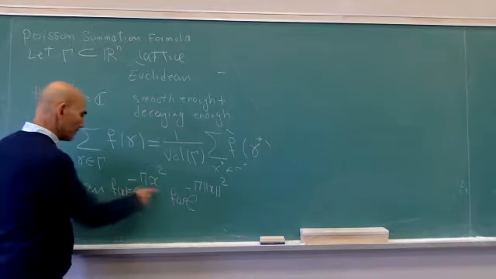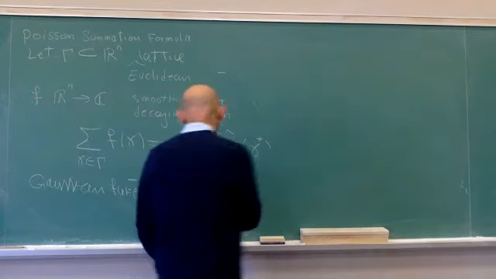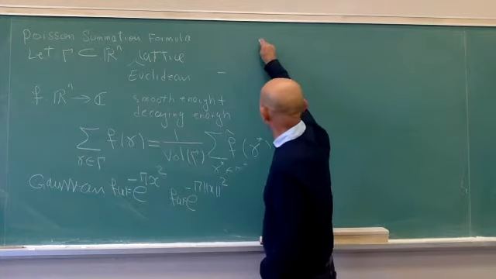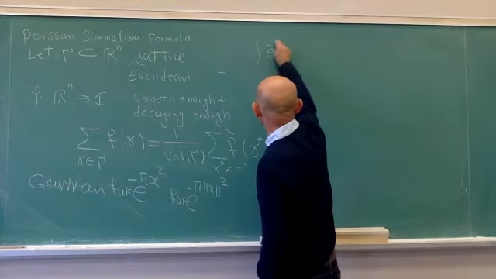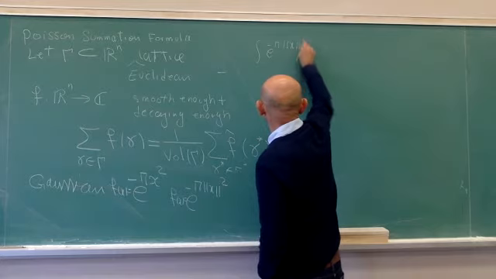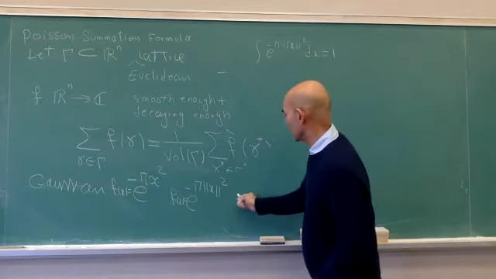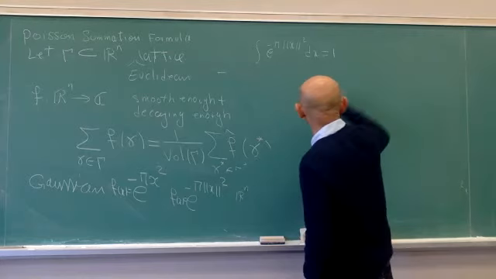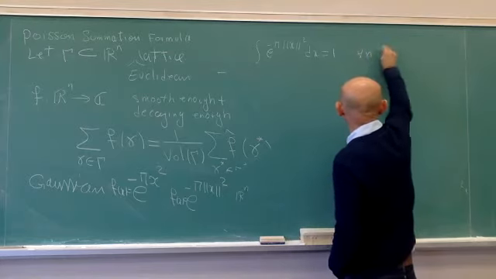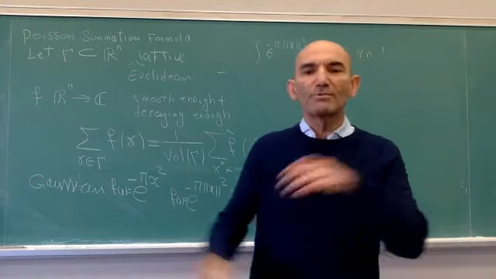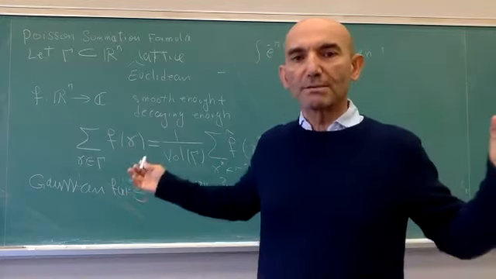Now the beautiful thing about this function is, this sort of normalization is amazing, because first of all, this is always equal to 1 in all dimensions. There is one formula that always works in all dimensions, and that's this one.